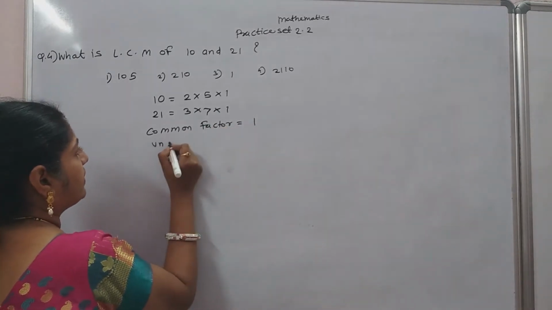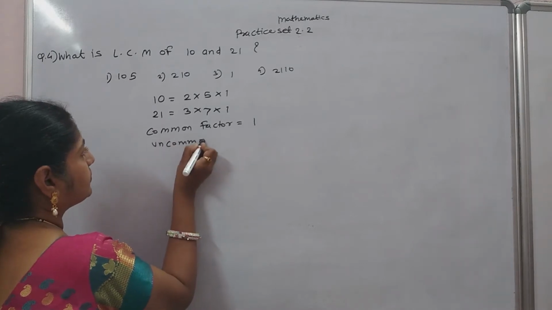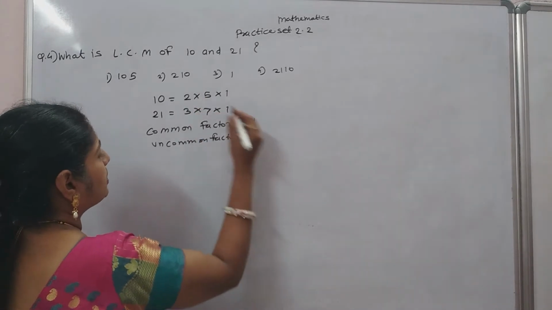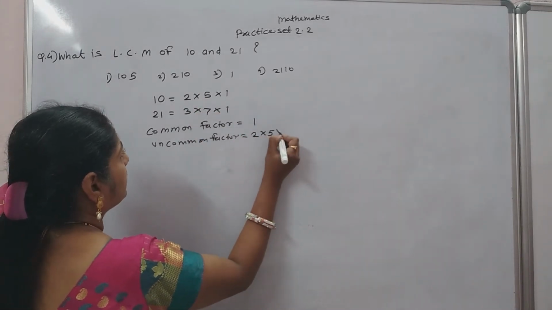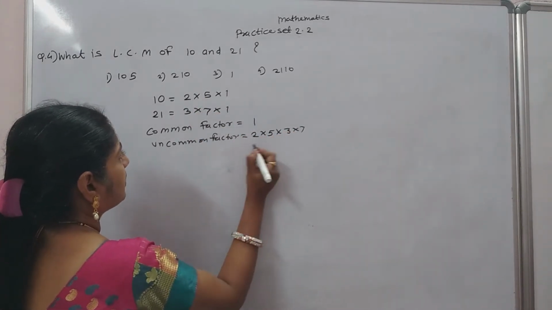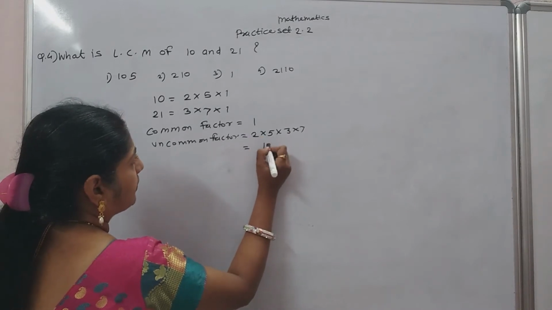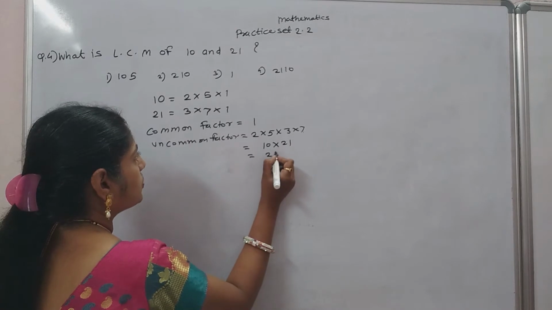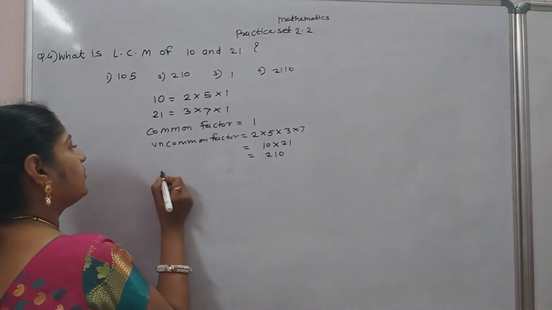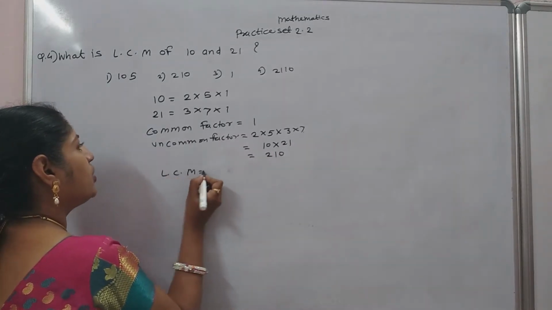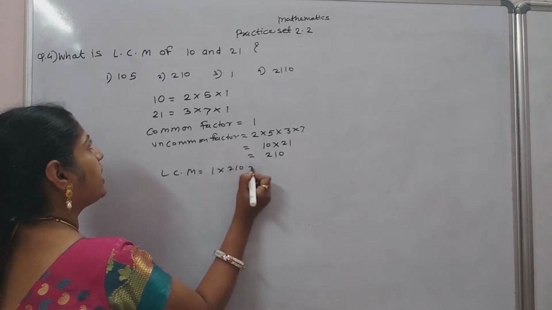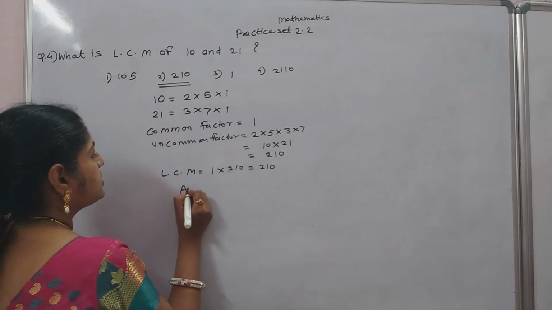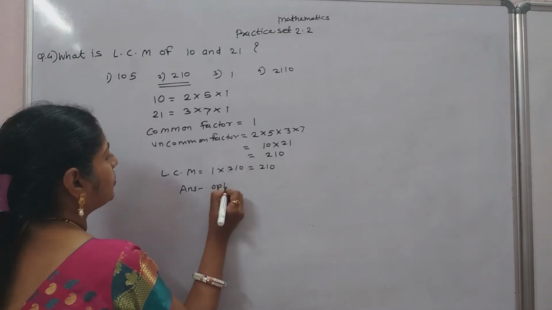And the uncommon factors are all of these: 2 into 5 into 3 into 7, 10 times 21 is 210. LCM is common into uncommon, 1 into 210, that is 210. So our answer is option number 2.